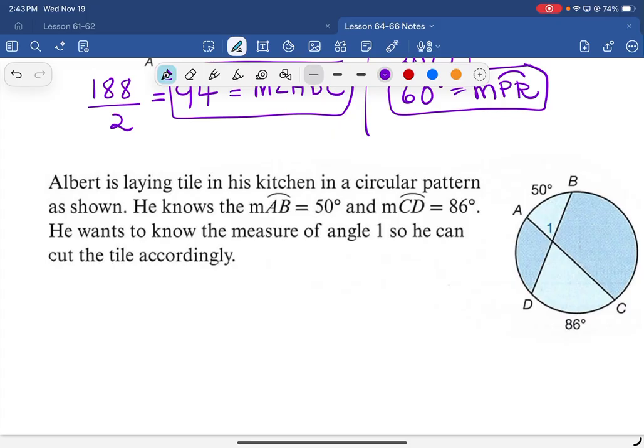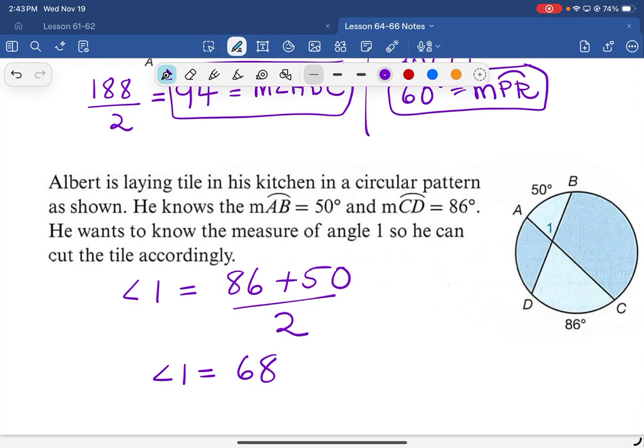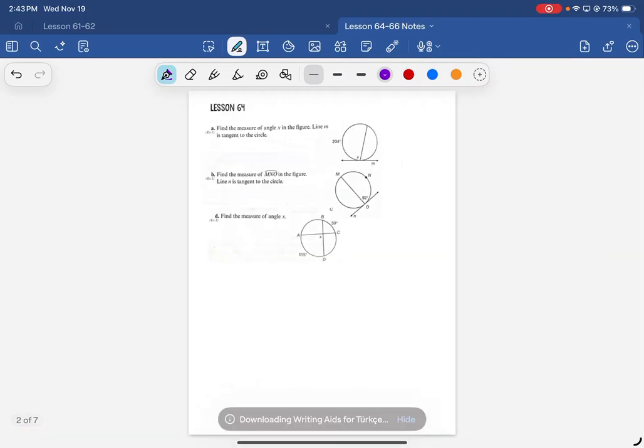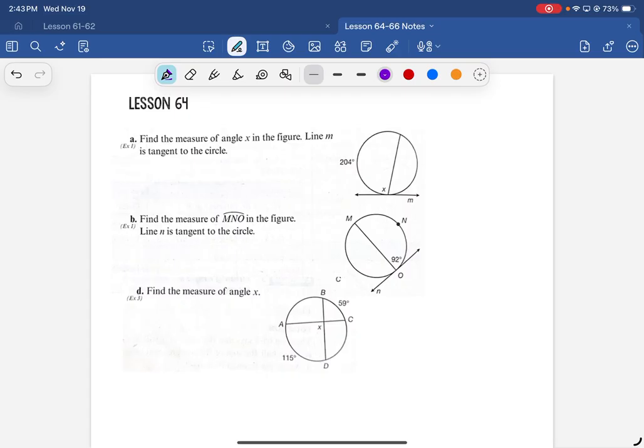Gabby, when you're ready, will you walk me through this one? Yes. So would you do 86 plus 50 divided by 2? 86 plus 50 divide by 2. And what'd you get, Gabby? 68 degrees. Good job. Okay, you guys try these 3 problems, and then I want to see your answers when you're finished, please.